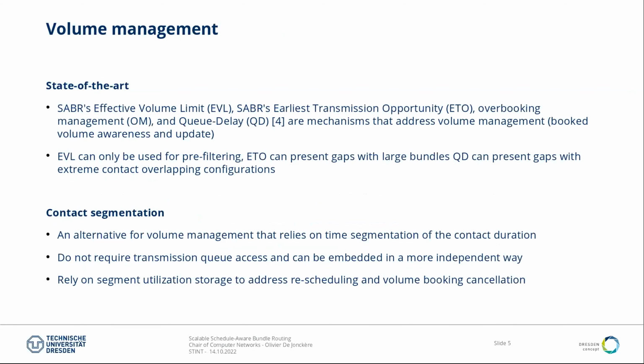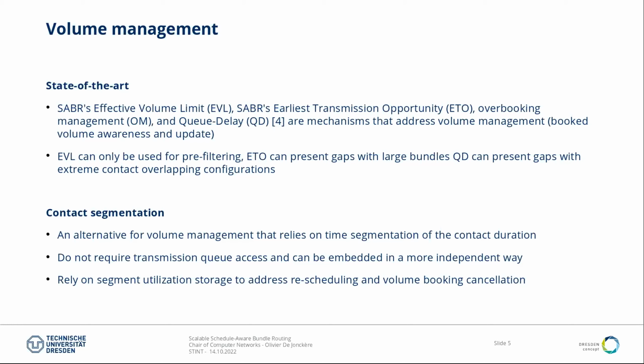The state of the art is that ACBR relies on the effective volume limit, which is a counter, like the volume of a contact that can be reduced after scheduling decisions. Then we have the earliest transmission opportunities, ETO, which calculates the ETO for the first hop contacts depending on the transmission queues.